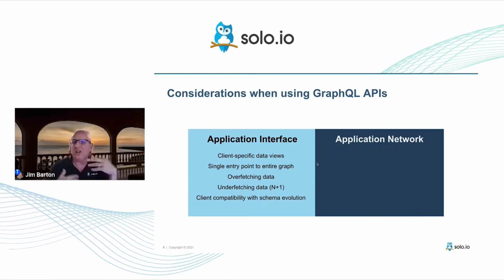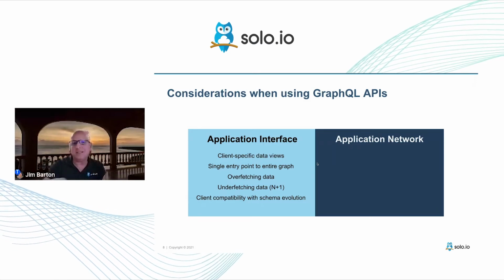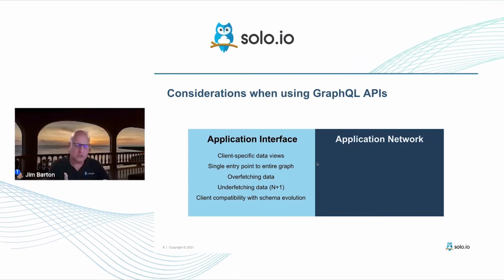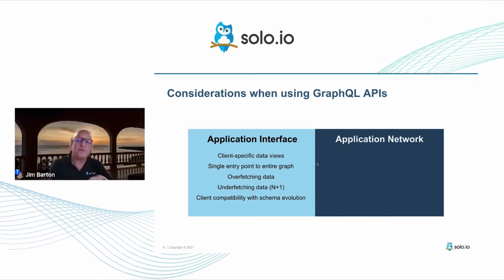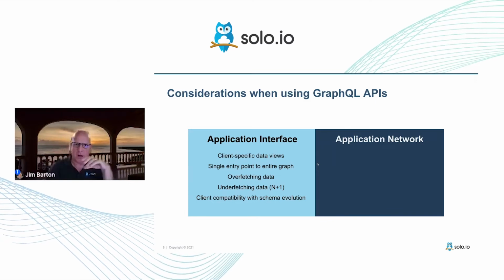It addresses the overfetching of data, because now I don't have to call, say, 10 different REST endpoints and fetch a whole bunch of information and then filter out everything but the one or two bits of information I need from that massive set of blobs.